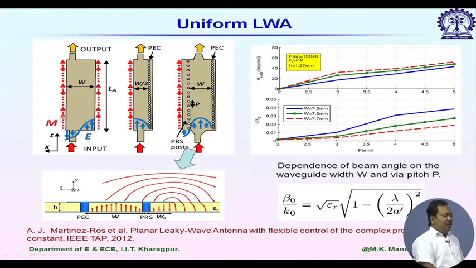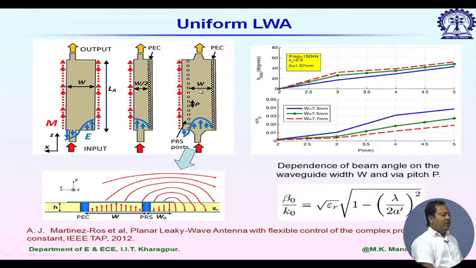So, left hand side it is showing a TE10 like mode, but in this case on left and right hand side they are using PMC open circuit condition, just opposite to SIW side walls, and the middle example is a half mode SIW structure. Now, we have something in between.